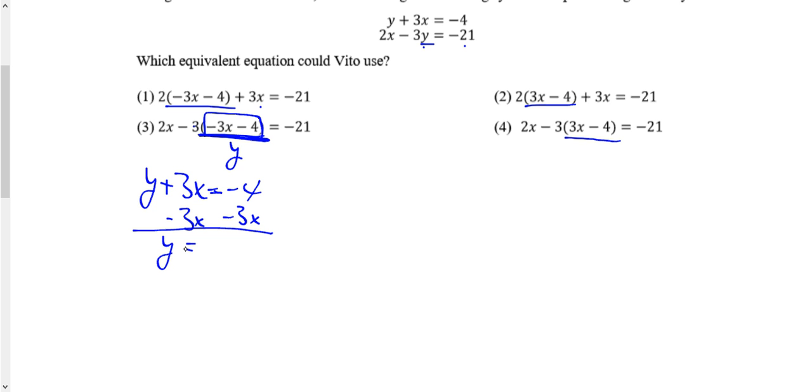Negative 3x minus 4. Does that look like what they did? Yes. So is that our correct choice? Yes. Okay, substitution.